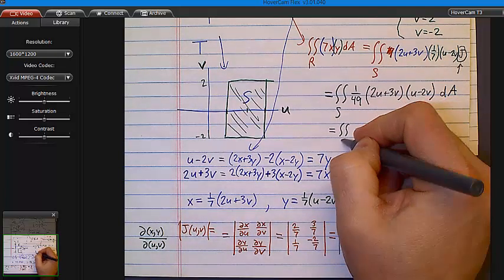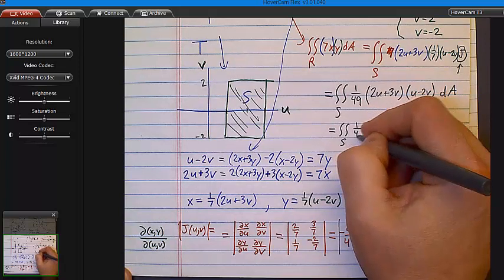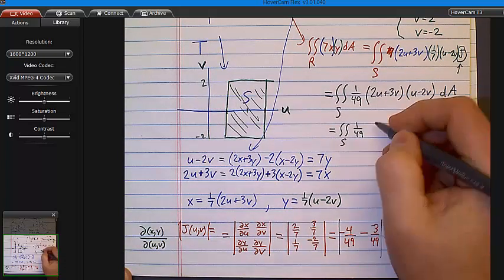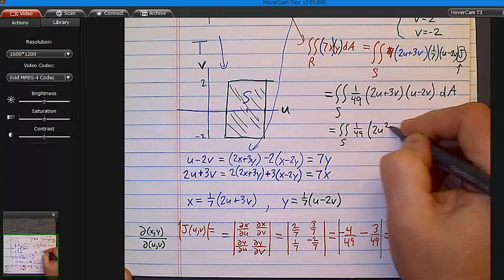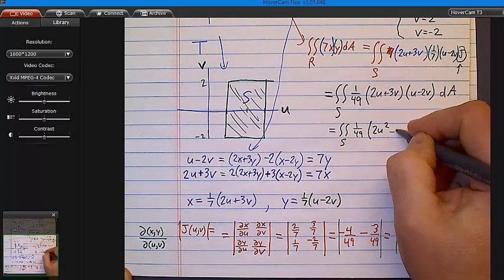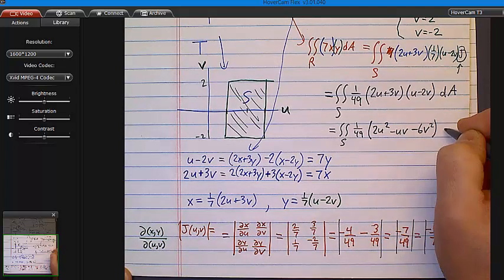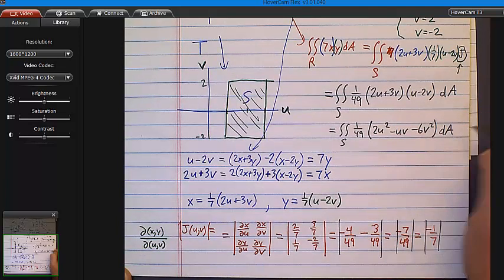This is going to be equal to the double integral over S, 1/49. I guess I have 2u squared. Now plus 3uv minus 4uv, so minus uv minus 6v squared. And I guess, well, I have a choice to make. Do I want to go dx, not dx dy anymore, what's the choice?